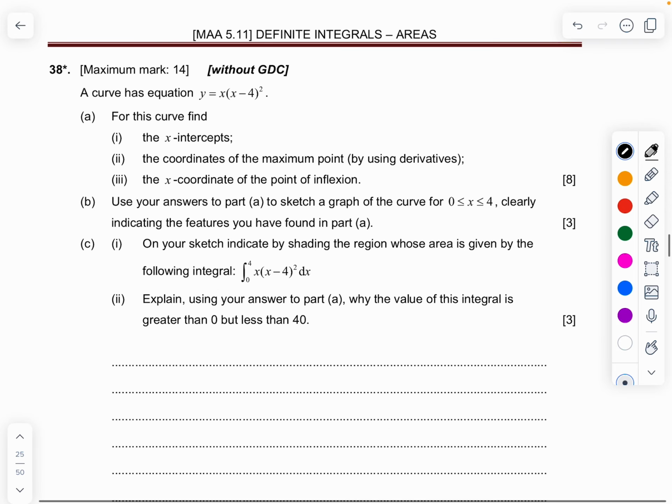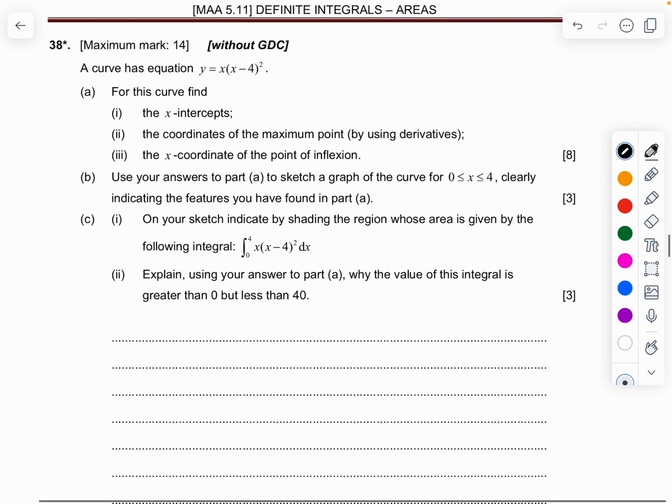Question number 38. A curve has the equation y equals x times (x minus 4) squared.